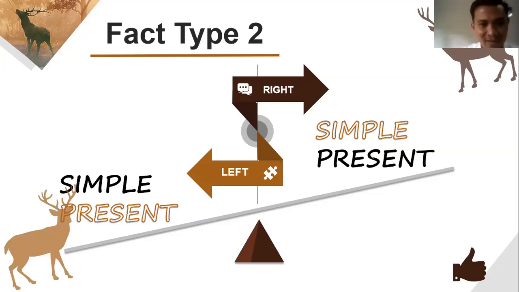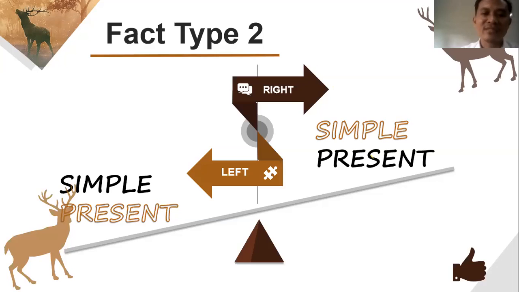What is the fact? The fact is I am having problem with my belly. So the fact is always simple present, and the fact is contradictive, a contrast with the conditional.